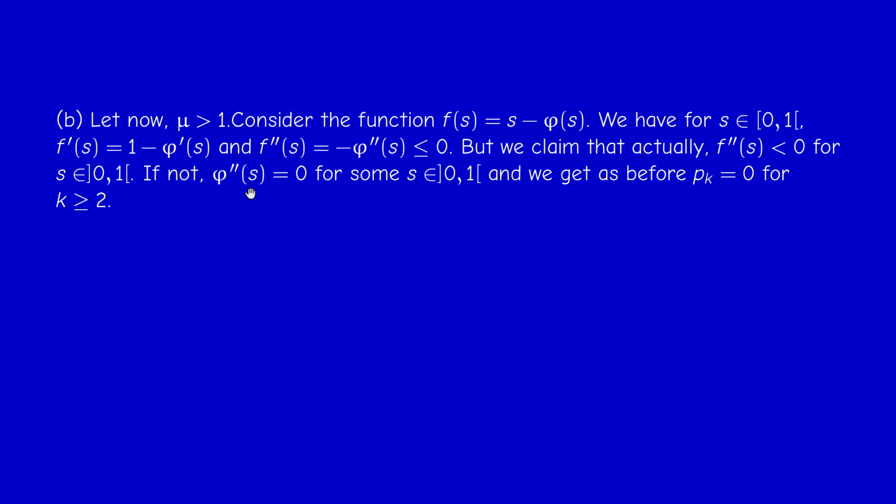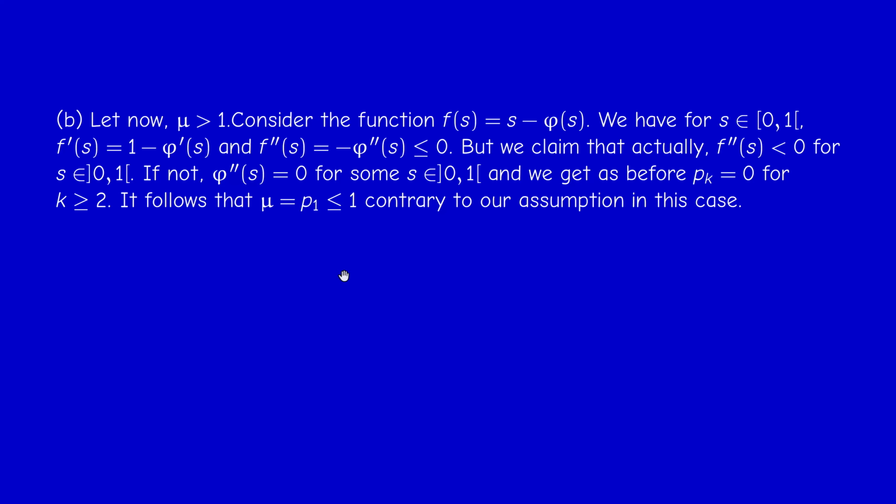If not, then phi double prime would vanish at some s strictly between 0 and 1. And as before, we get that all the probabilities pk will be 0, starting from k equal 2. So actually, phi is just a linear map. So therefore, what do we have? We have mu equals p1, which is less than or equal to 1.